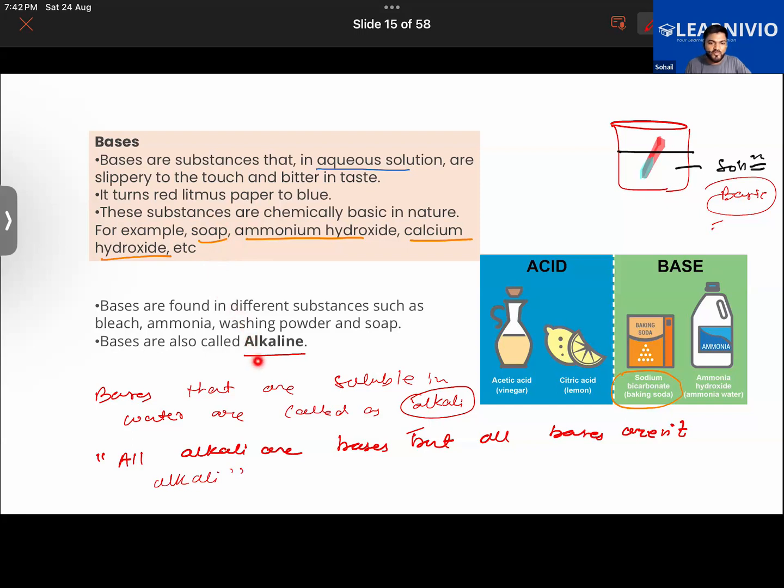Furthermore, we learned that there are some bases which are soluble in water and we call them alkali. So all the alkali are bases, but all the bases are not alkali. Why? Because all the bases are not soluble in water. Hence, all the bases can't be called alkali.